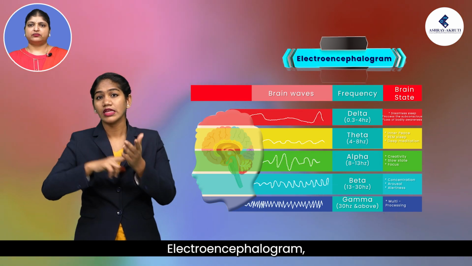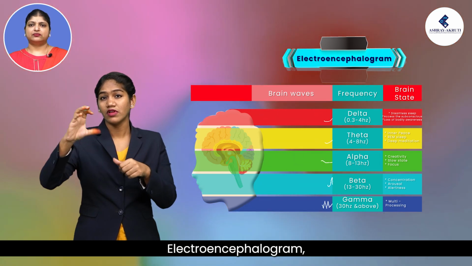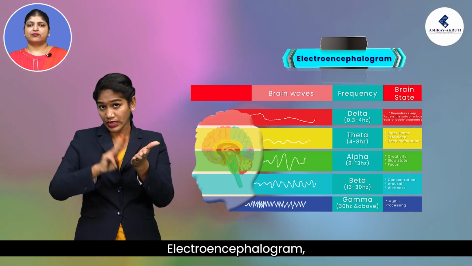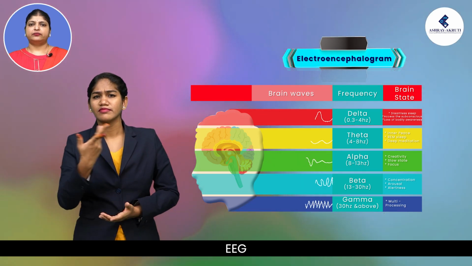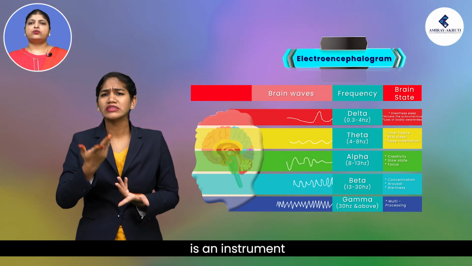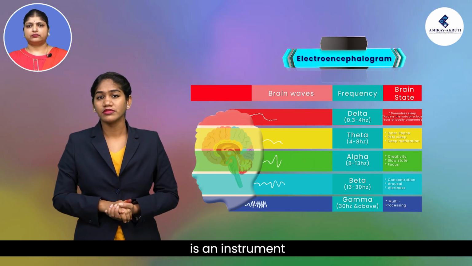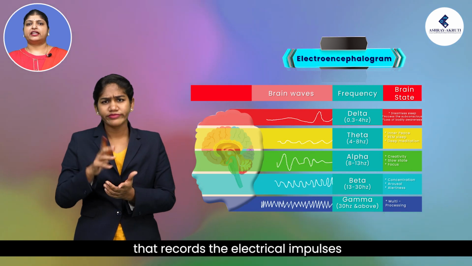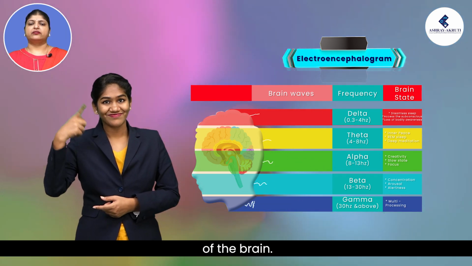Electroencephalogram, EEG, is an instrument that records the electrical impulses of the brain.